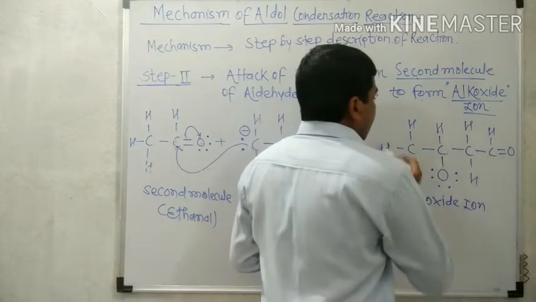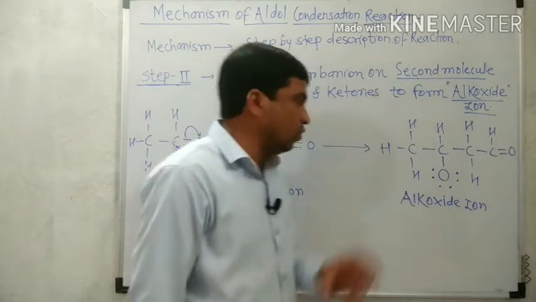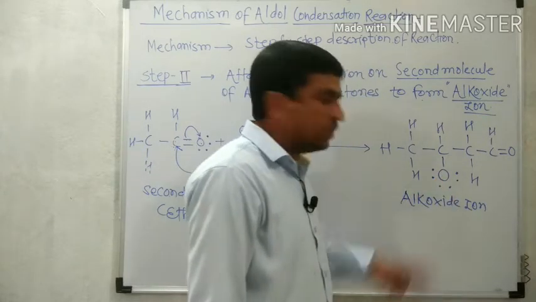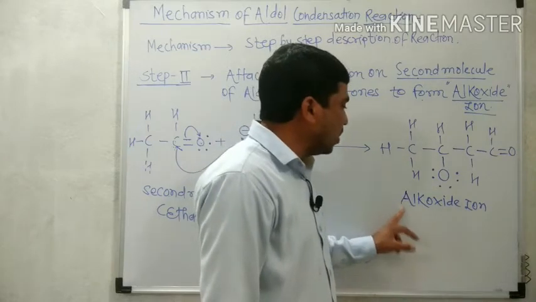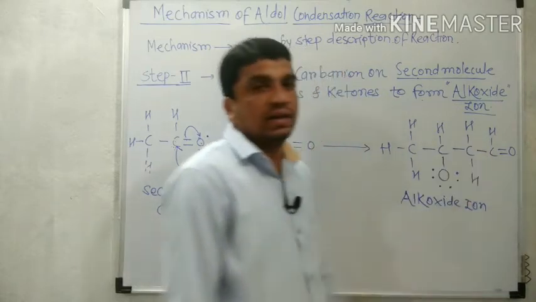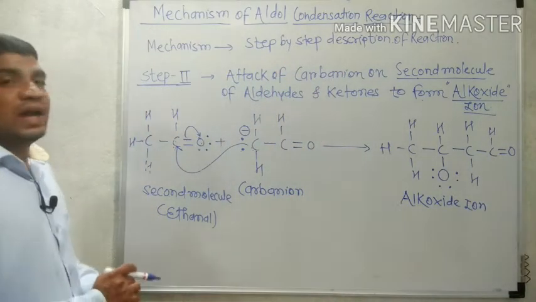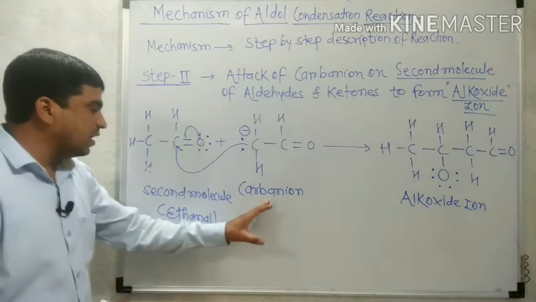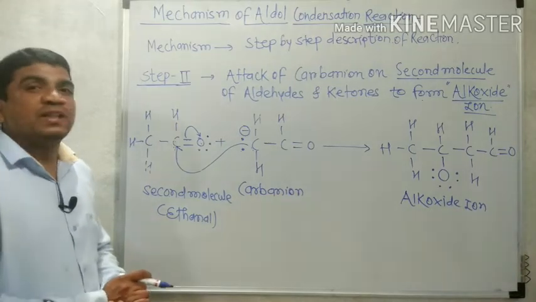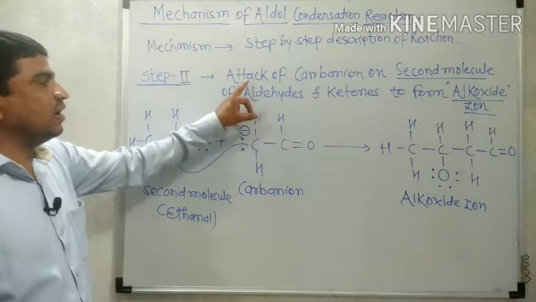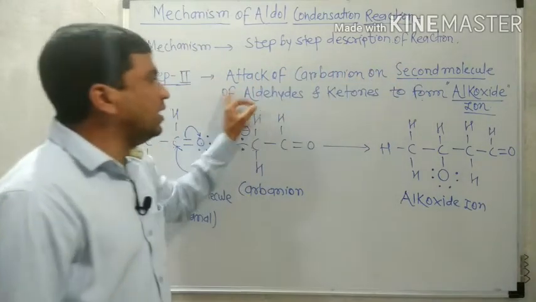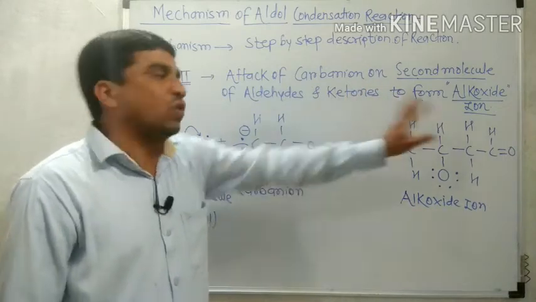Because this is part of the respective alkyl group, and due to the presence of this single oxygen atom, it is called alkoxide, and due to the presence of this electron pair, that is the charge, it is an alkoxide ion. Now in this way, the alkoxide ion is formed by the attack of the carbanion on the second molecule of ethanal. Now remember again what happened in the second step. The second step is related to the attack of the carbanion on the second molecule of aldehyde or ketone to form the respective alkoxide ion.